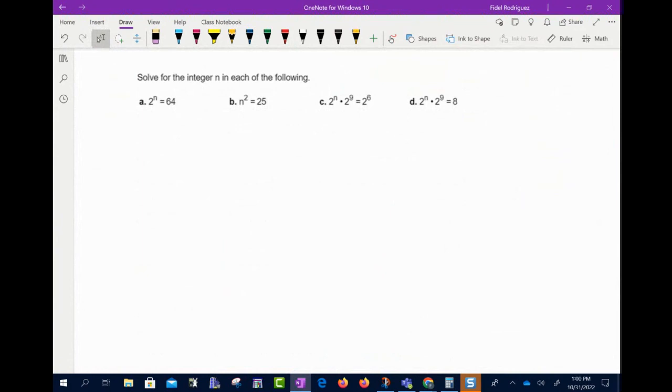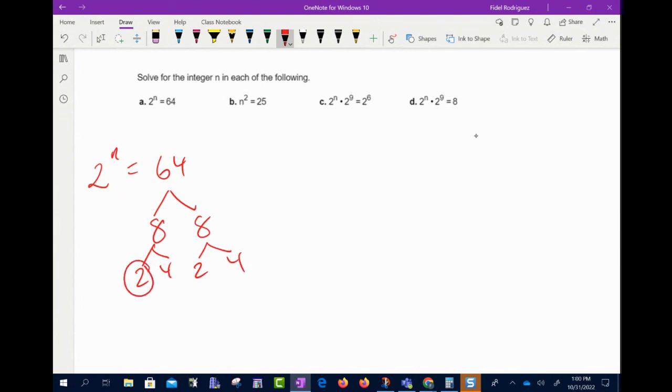Okay, 2^n equals 64. So y'all, again, if I was sitting where you're sitting, what I would do here is break down the number 64. When I think of 64, I think of 8 and 8. When I think of 8, I think of 2 and 4. Now, I can't break down the 2's, so I'm going to leave those alone.